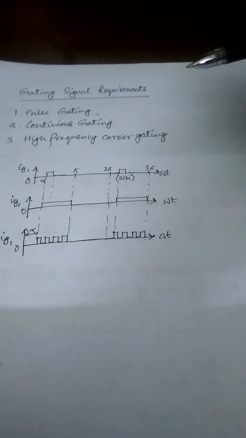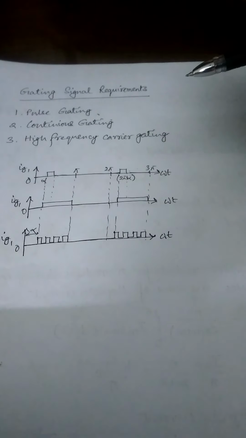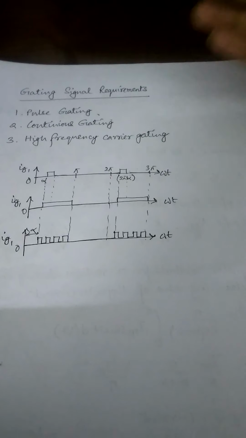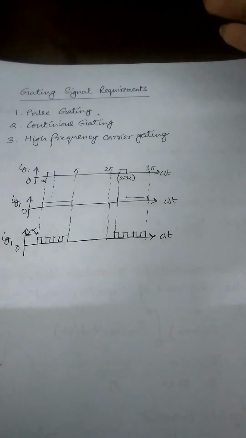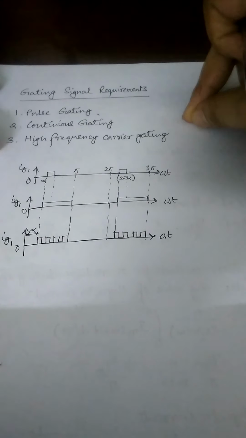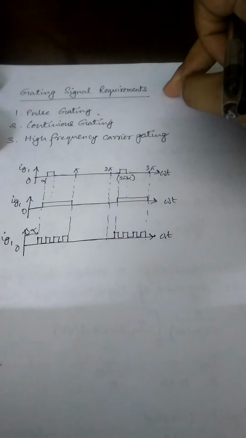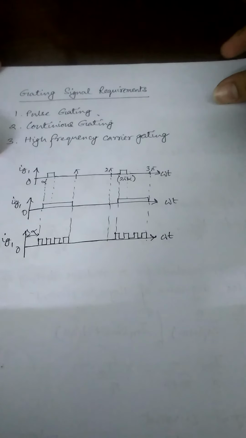But when we are considering the RL load, as there is the presence of inductance, we know that there is a phase angle between the voltage and current. So at the zero points of the voltage, the current is not at the zero position, as we see here in the graph.